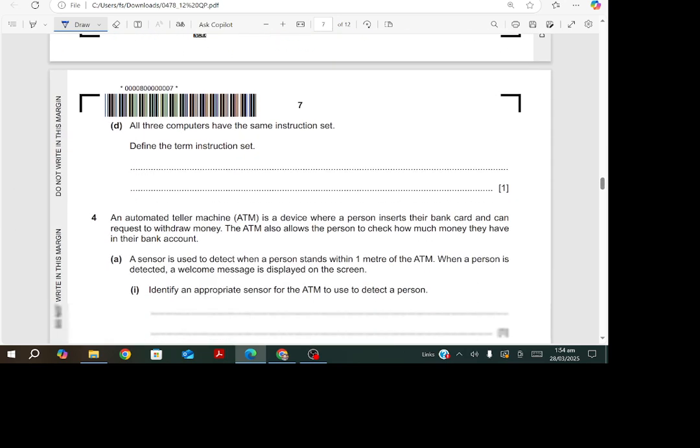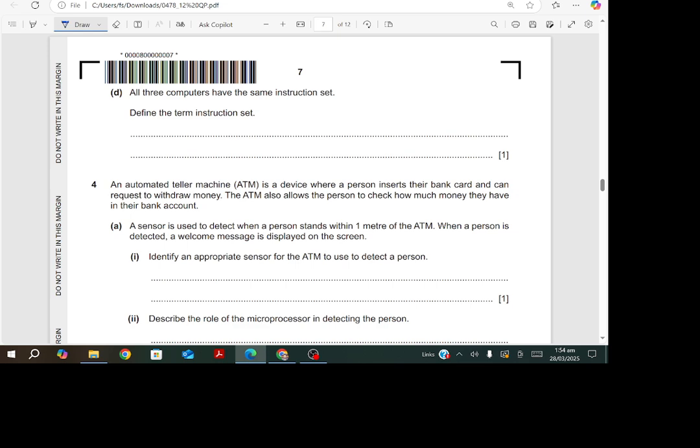Okay. Define the term instruction set. Instruction set refers to the set of commands that can be processed by the CPU. Now, boys and girls, you need to make sure in the definition of instruction set, you cannot repeat the term instruction. In the same way, you cannot repeat the term set. So how are you going to do it?